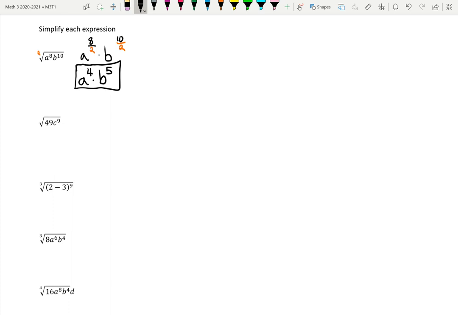I'm going to look at this next one, and I'm going to do the same thing. I see that there's no index, so I'm going to assume it's 2. And then I'm going to have to do 49. Now, it's not to any power, so it is technically to the 1/2, times c to the 9 divided by 2.